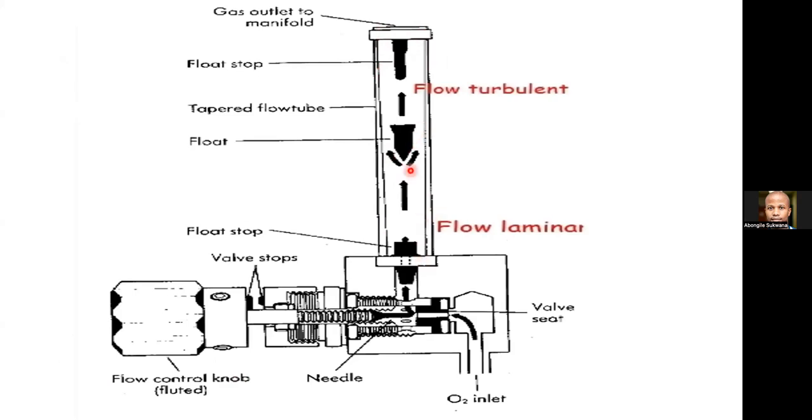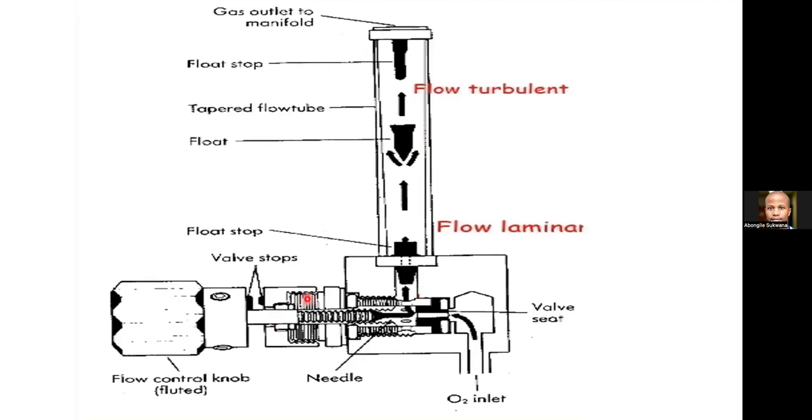This is the bobbin. It's open inside. So as the flow goes through it, it will start spinning and rising according to the flow. When you start looking at the flow, it's not the middle of the bobbin that will give you the flow rate. It's the top of the bobbin that gives you the flow rate.